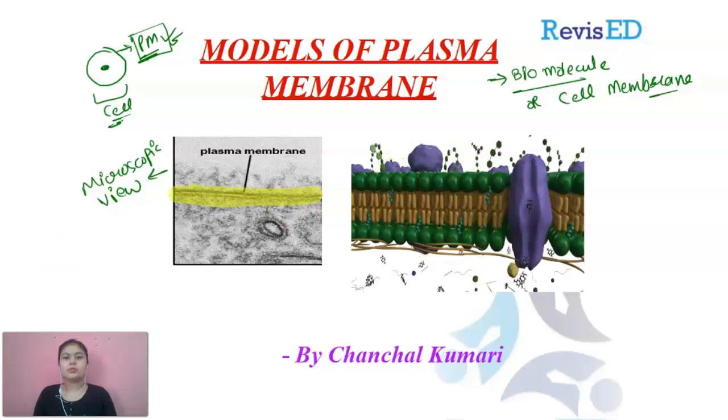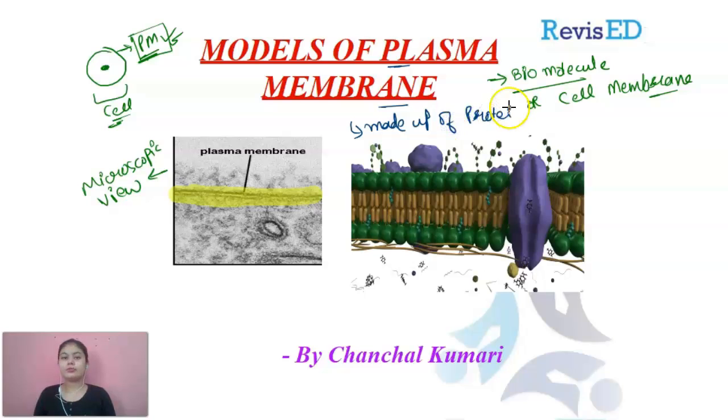Here in the picture, the blue part is our protein, and the greenish and orangish part is our phospholipid. Our typical plasma membrane is made up of proteins and phospholipids. So these blue, purple parts are our proteins.